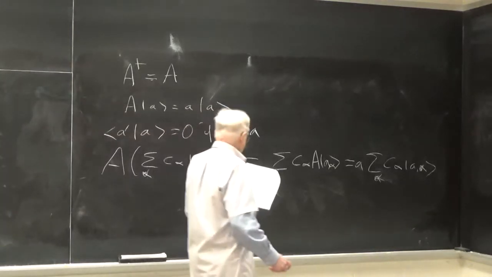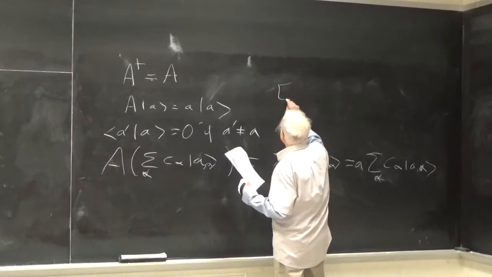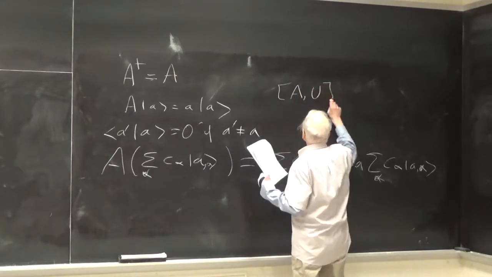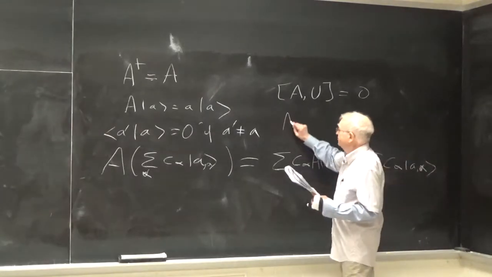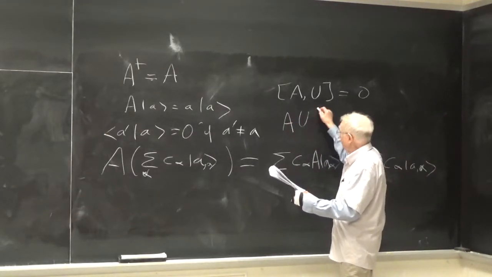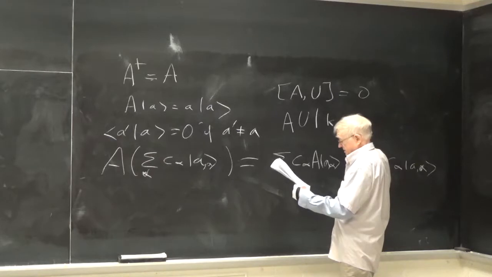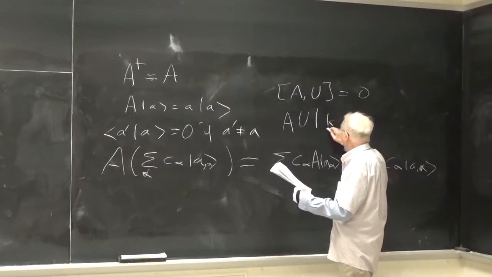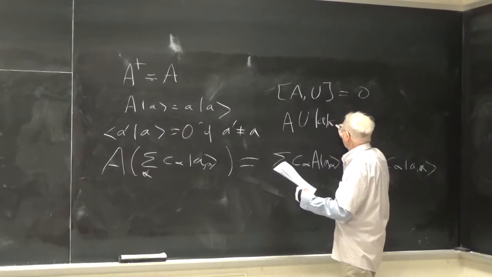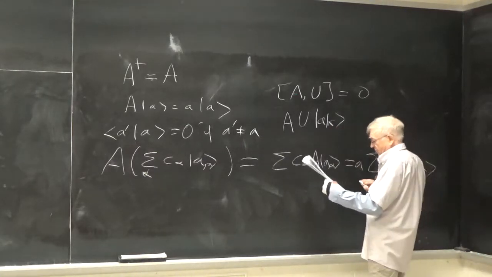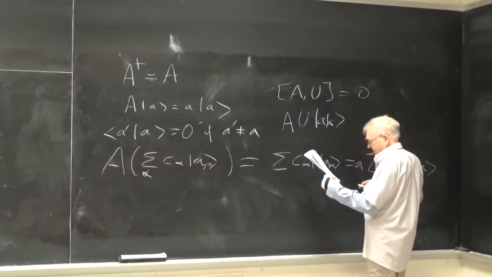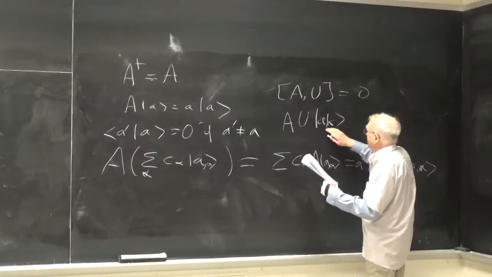ideal? Well, let me just mention that if U is any unitary operator that commutes with A, then if you take A, U on an eigenvector with, let us say, eigenvalue A and label K, I was using alpha before. Actually, I seem to be using alpha again.